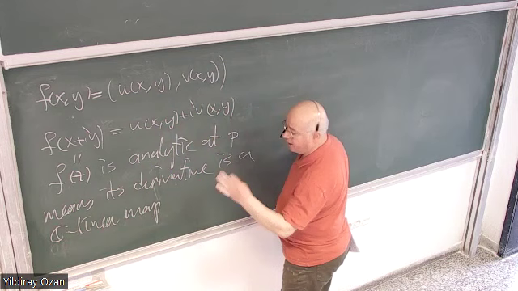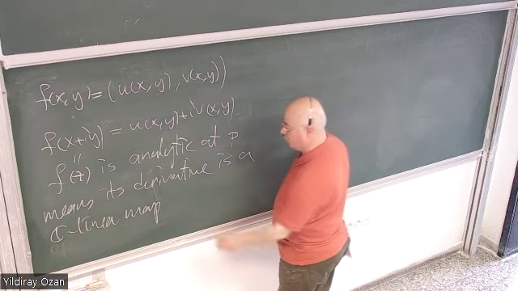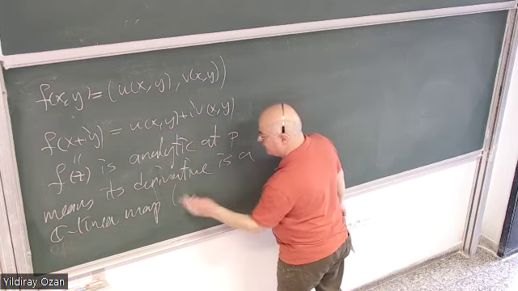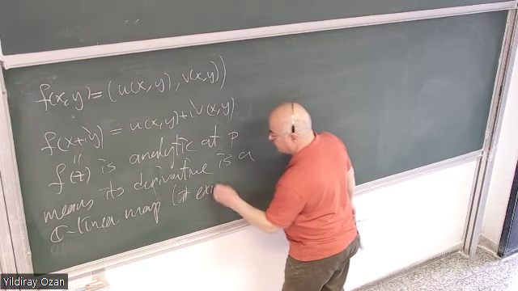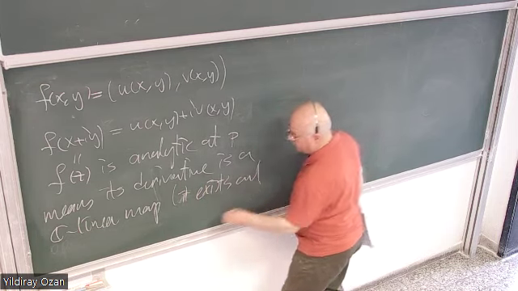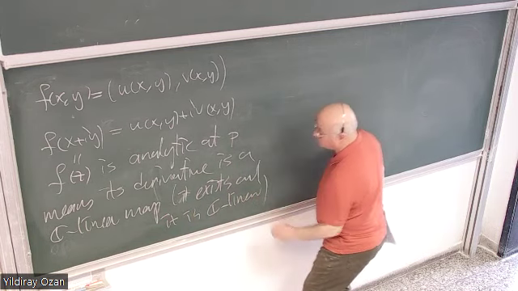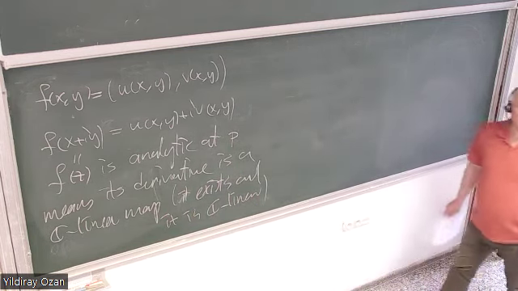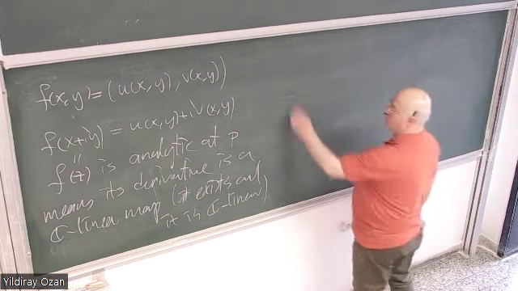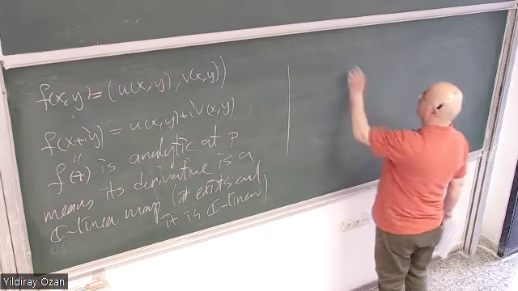It exists and it is C-linear. So what does C-linear mean? C-linear means the following.